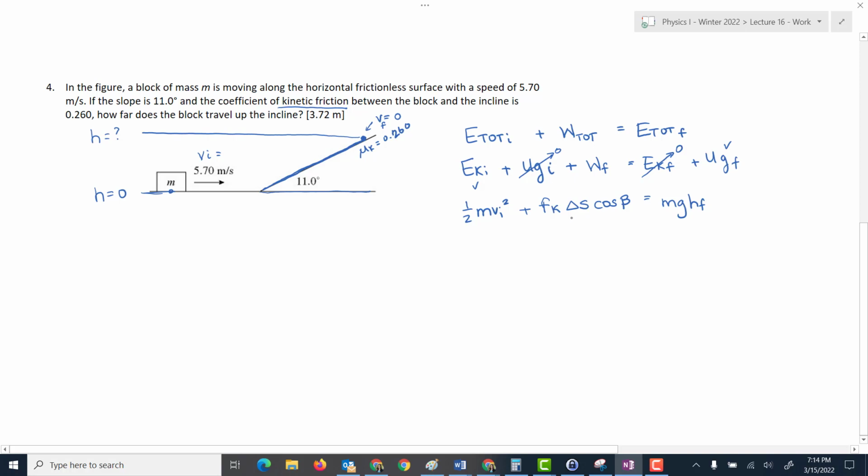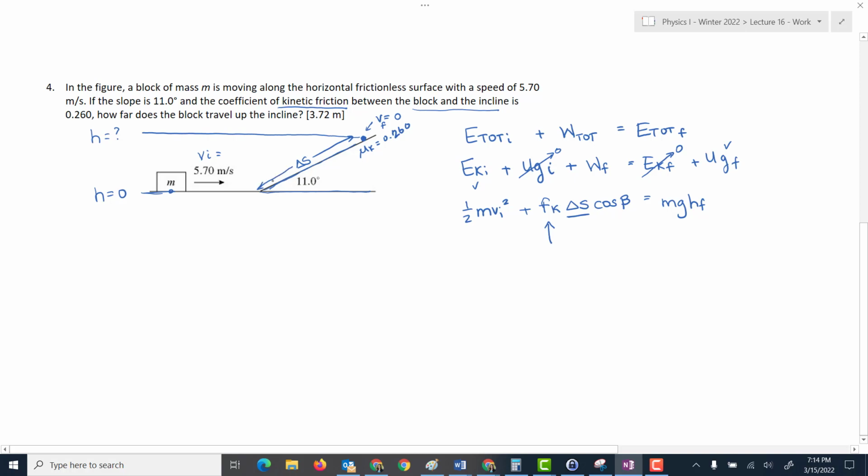Okay, so delta S is referring to the distance or the displacement traveled by this block while it's experiencing this force. So in this case, the force of friction. Now there's only friction between the block and the incline. So this is the only position along here that we are using to calculate delta S. So delta S is just this distance here.